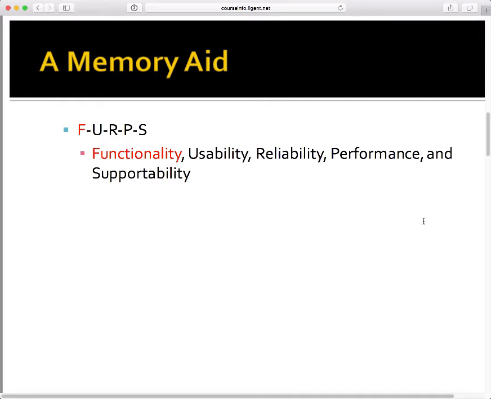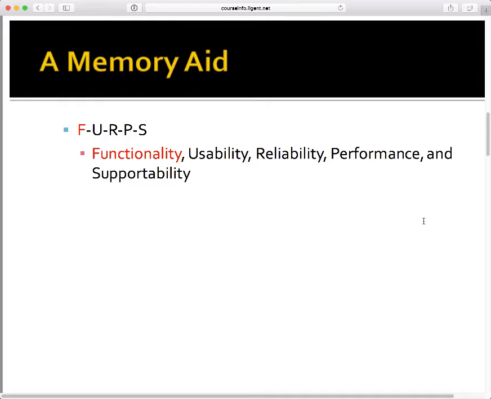So, what are these like? Well, we have a memory aid that we use in industry. I don't know who dreamed this up, probably one of my teaching colleagues in industry, that said that all of the requirements can be remembered through a memory aid of an acronym called FURPS, F-U-R-P-S.